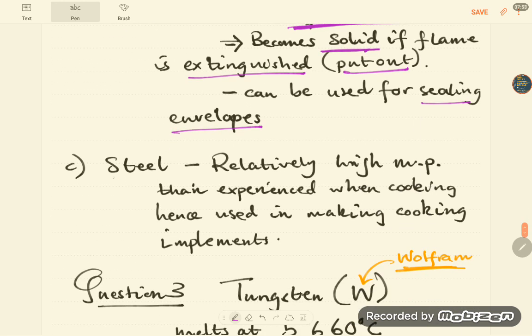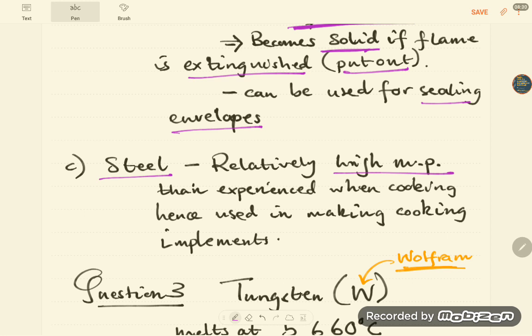And then last but not least, we have steel, which we say has a relatively high melting point. Because most of our food is cooked at a particular temperature and not beyond that, otherwise you'd be burning it, we would normally use steel implements to make cooking utensils and so on, because they can withstand the temperatures that we cook at.